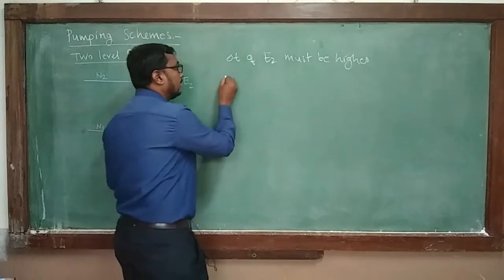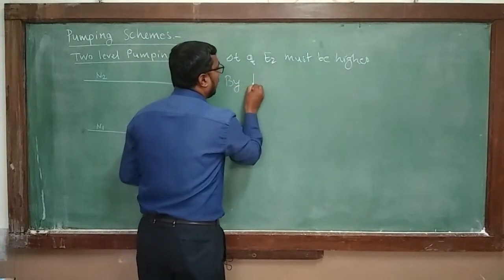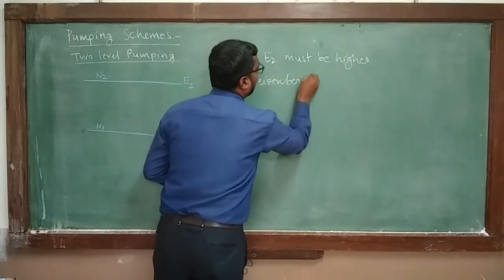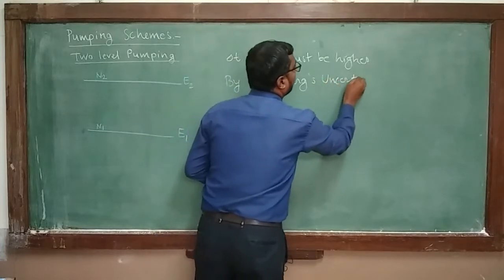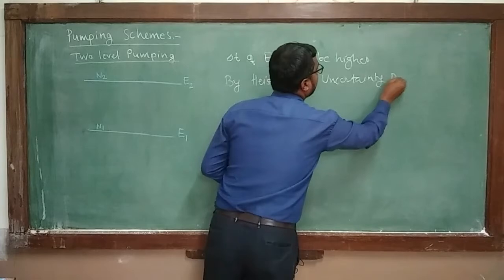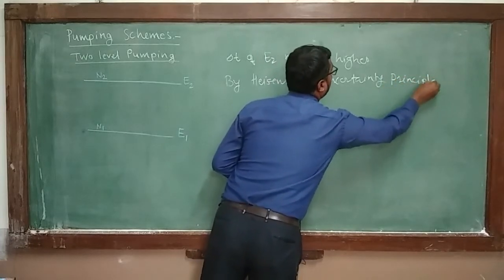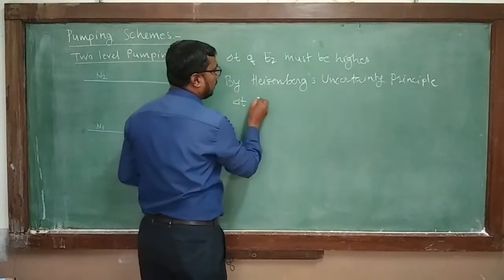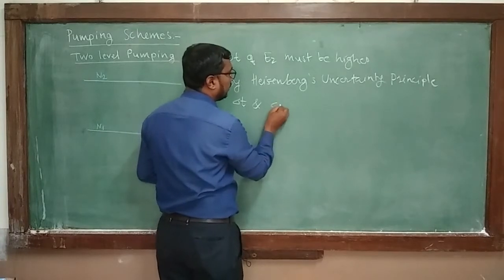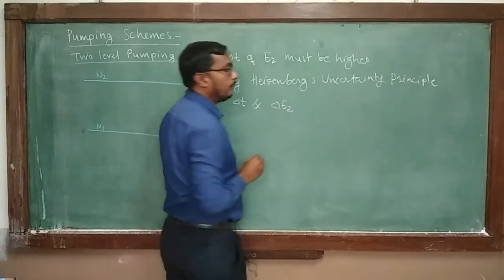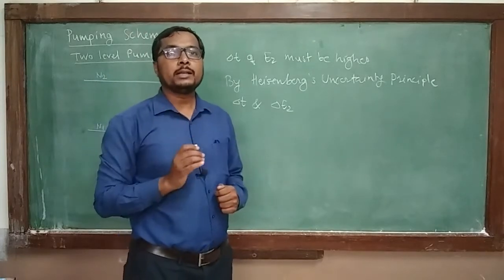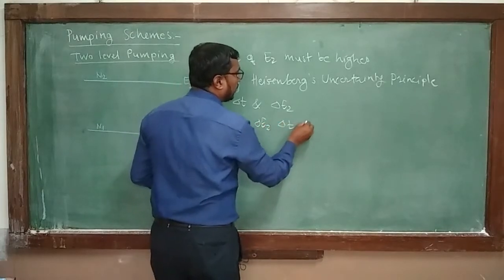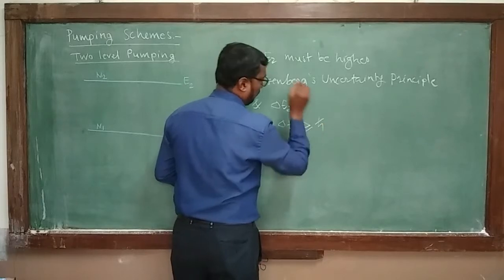But by Heisenberg's uncertainty principle, the lifetime delta T and the line width delta E2 of the upper level are related by delta E2 into delta T must be greater than or equal to h cross.